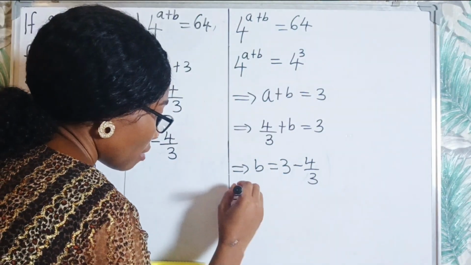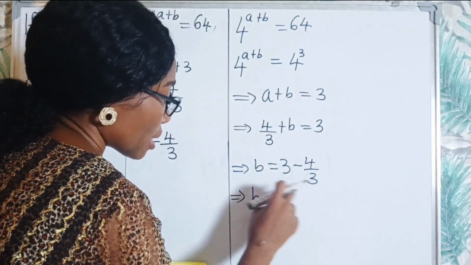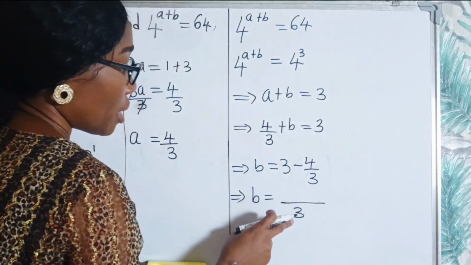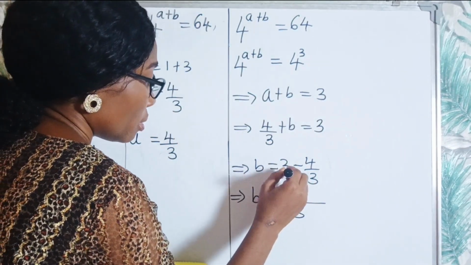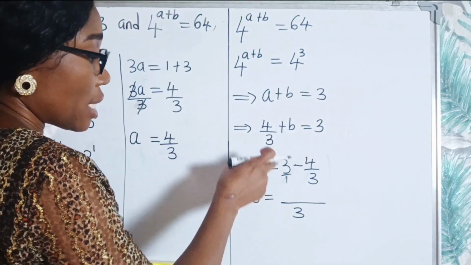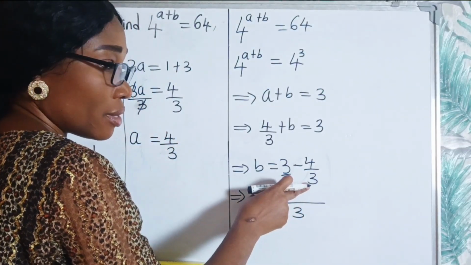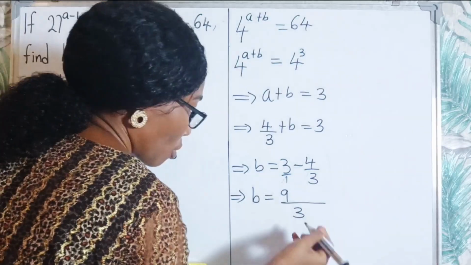And then this is going to give us b is now equal to, let's get the LCM, which is 3. Okay. So 3, there's an invisible 1 here. So 3 divided by 1 is 3. 3 times 3 is 9. 3 divided by 3 is 1. 1 times 4 is 4.